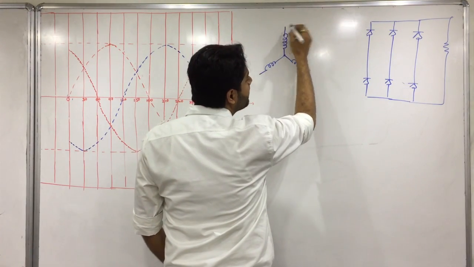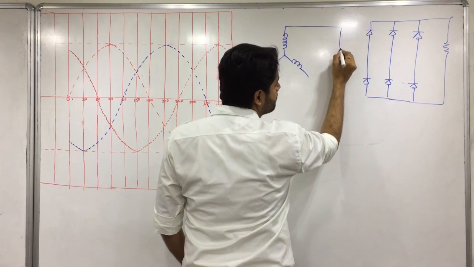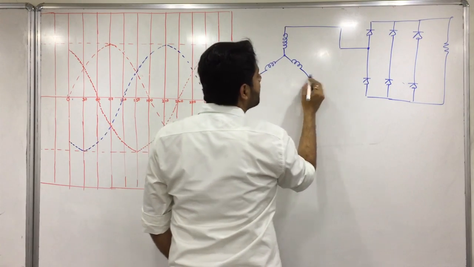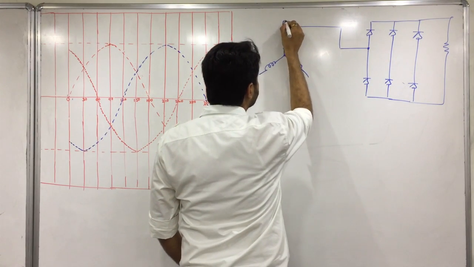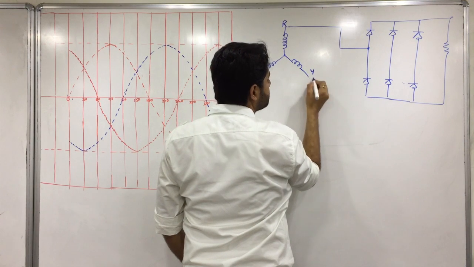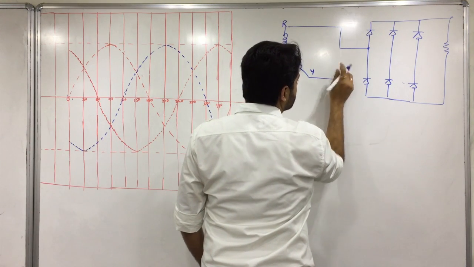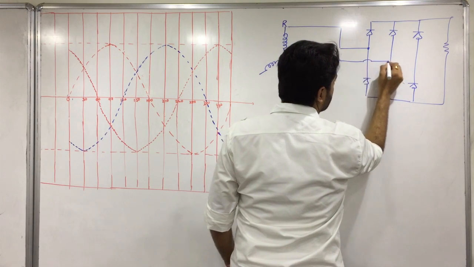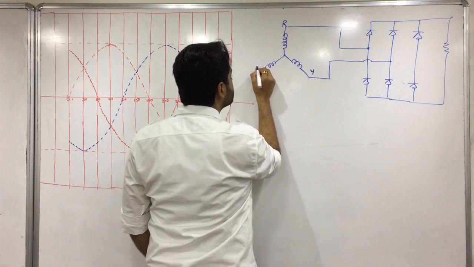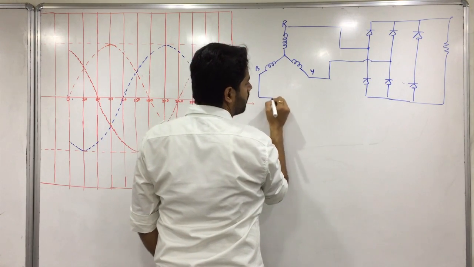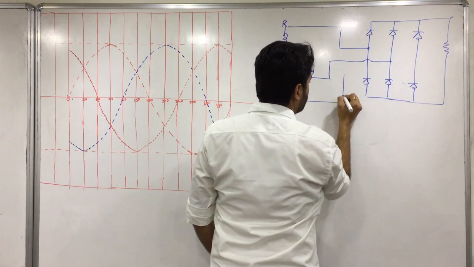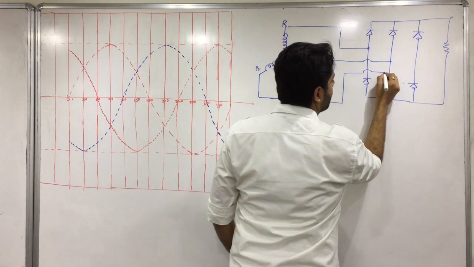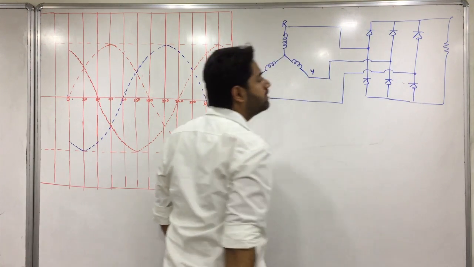So now let's see how the connection works. This is how the connection will work. This is R, this is Y, and this is B. Fine.